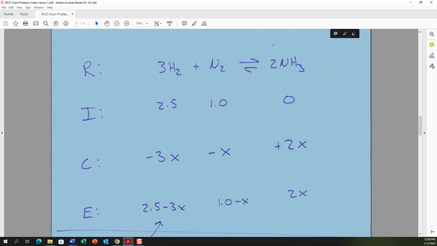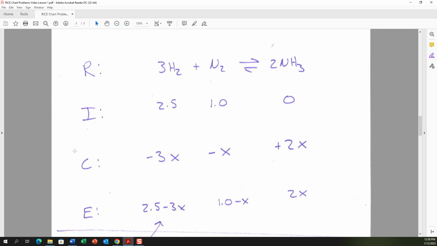Okay? Now, here's something to understand to figure out the change. The change in the concentration as we go from initial to equilibrium conditions. As this reaction proceeds, we know we need to get some ammonia to be at equilibrium, right? You can't have 0 of anything at equilibrium. So we know the reaction is going to have to shift this way to reach equilibrium.